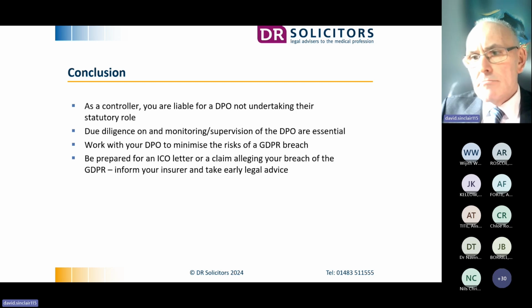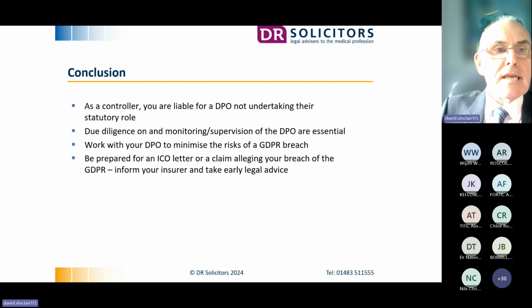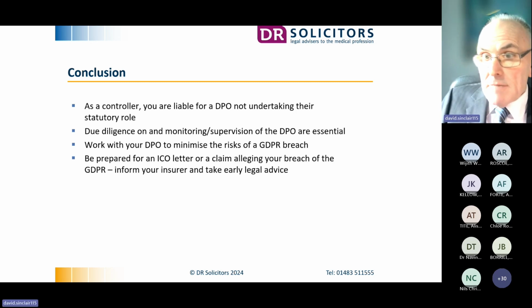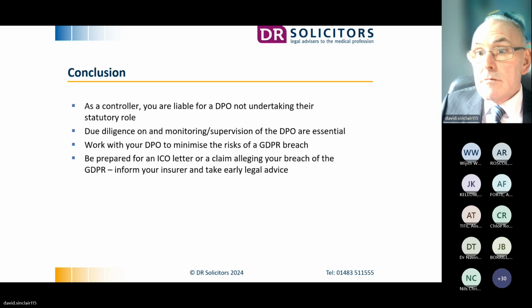Work with your DPO. Try and minimise the risks of a complaint, a claim, a data subject access request, etc. And be prepared to just receive an ICO's letter alleging breach out of the blue. The data subject doesn't have to come to you first.